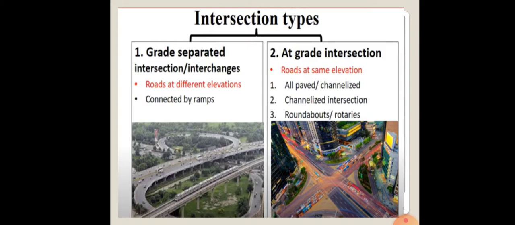And an at grade intersection indicates that all the roads that join together at any junction or intersection will be at the same level, or will have the same elevation. So that is the main difference. If the grades are separated, we call it a grade separated intersection, and at grade indicates that the level of all the roads that are joining will be the same.